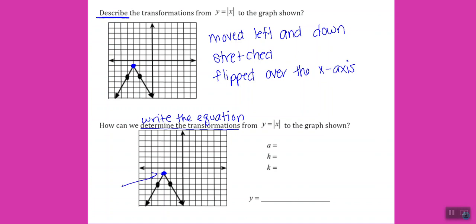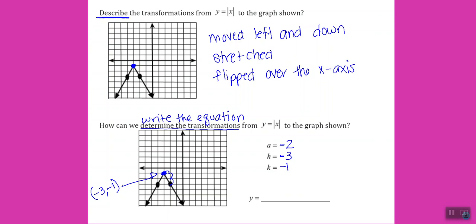So that's the point (-3, -1). Because the graph flipped over, we know our a value is negative. And then because when we go over one box, we have to go 2 boxes to get to the next point, we know a was -2.